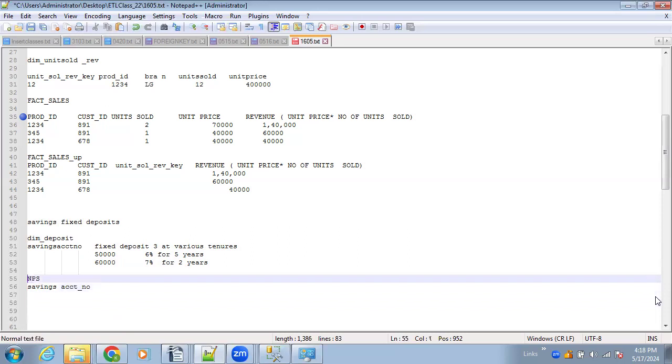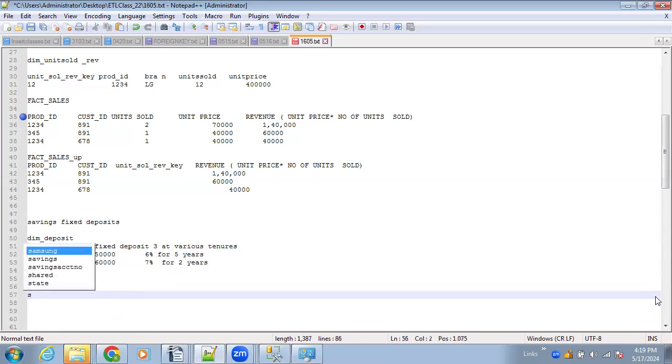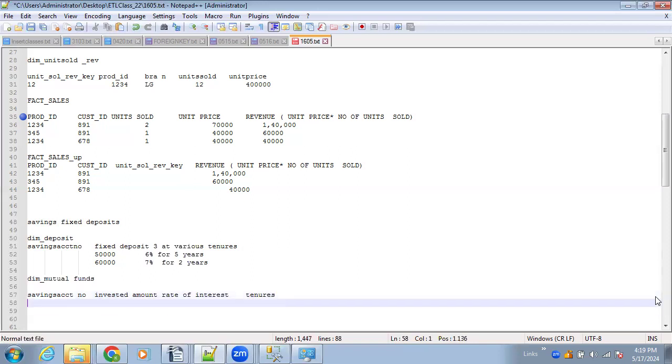And the other investments that you made, like dim_mutual funds, here also there is a savings account number and invested amount, rate of interest, tenure. So your current balance will be displayed against your total, if you are going to your portfolio.